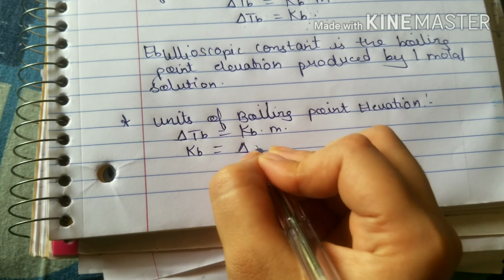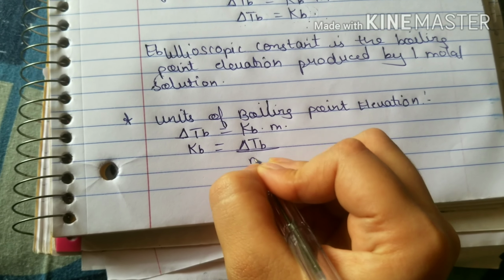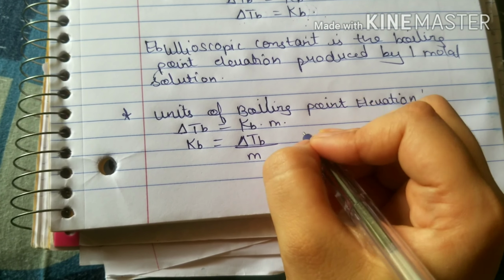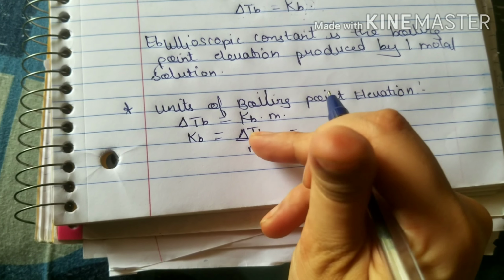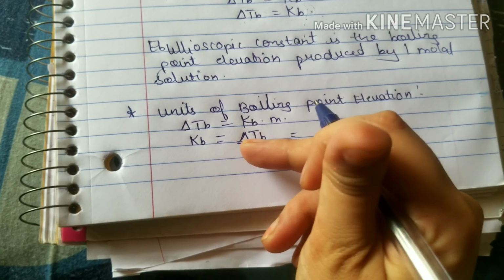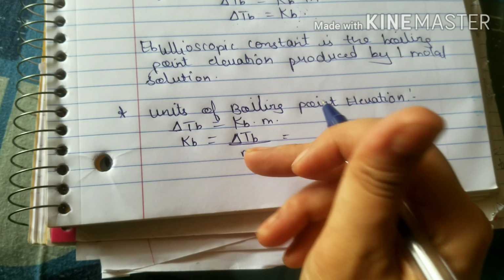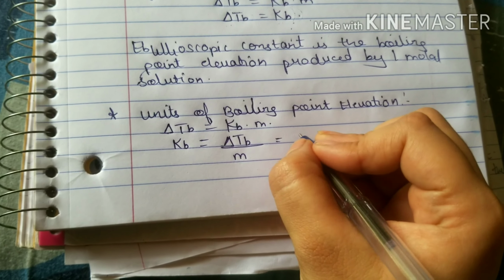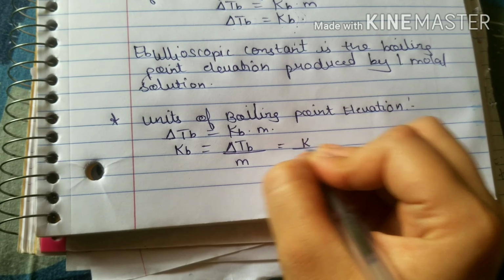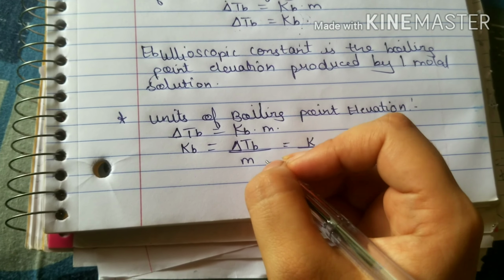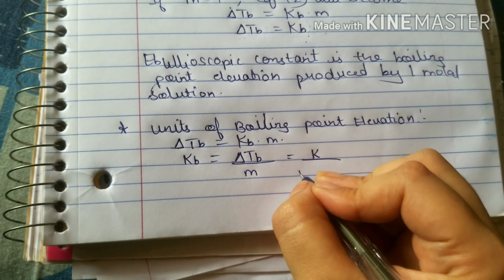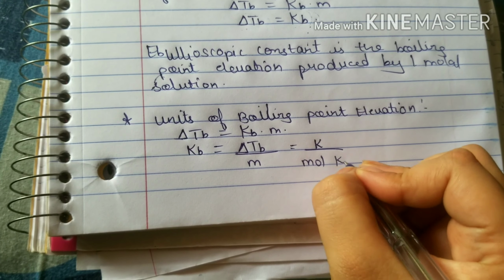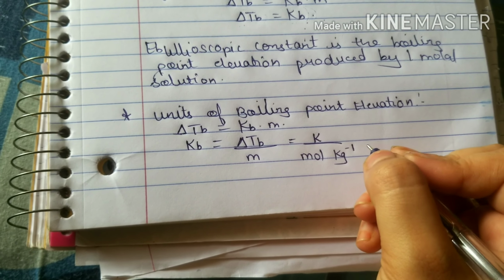The delta TB is going to go up and the molality is going to remain down. Now here this delta TB is the temperature of boiling point, right? So here temperature is measured in terms of Kelvin, and Kelvin is represented by capital letter K, and molality is measured in terms of mole kg inverse, right?